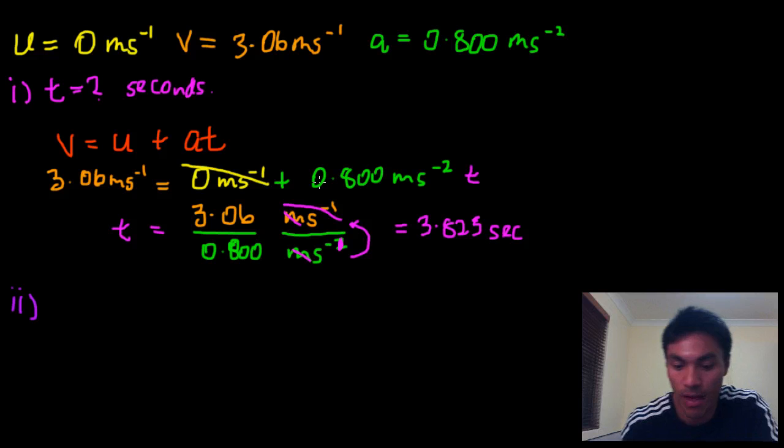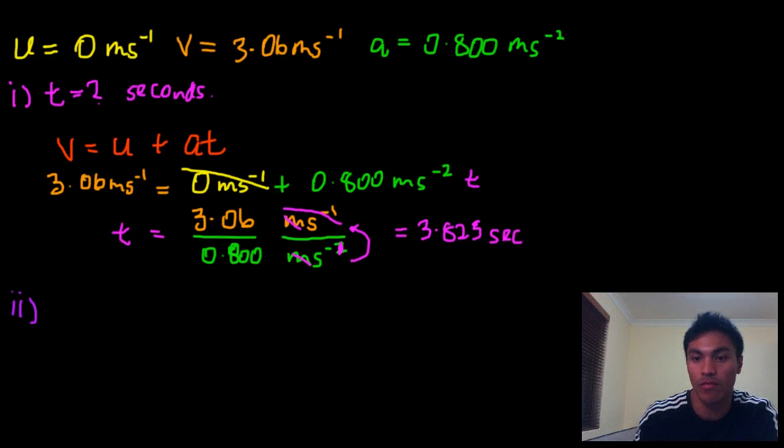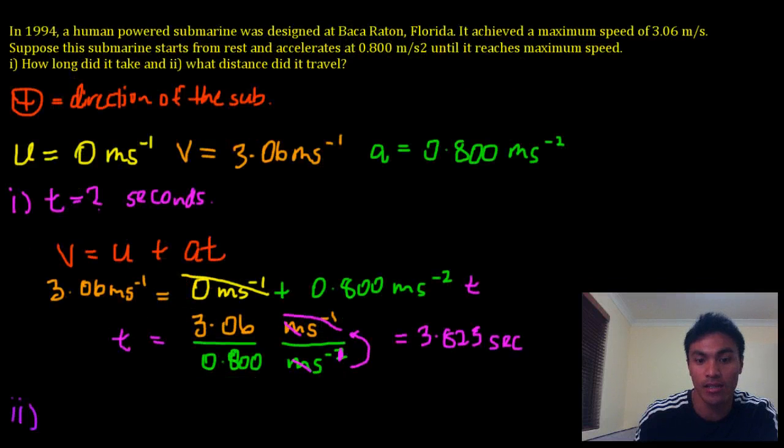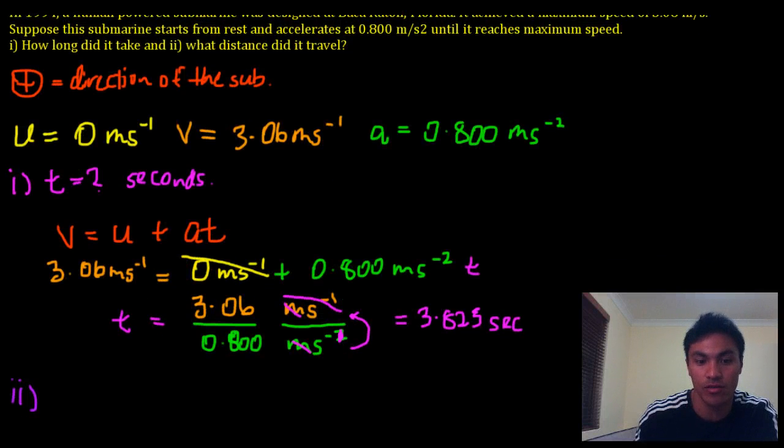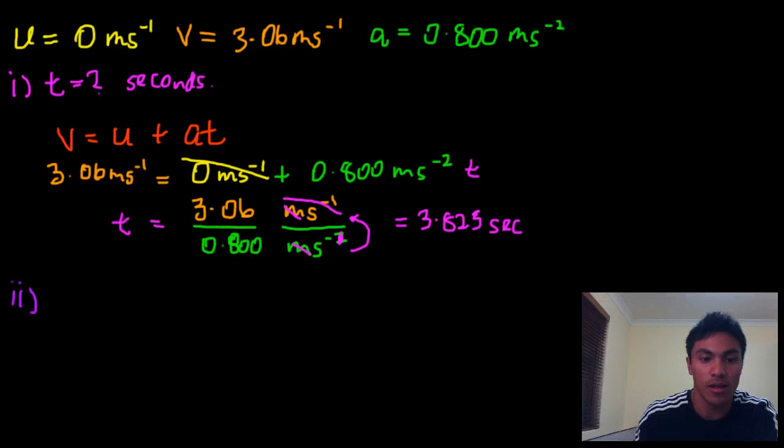At this point, what are we asked for? We want to find out how far it actually went. What's the distance that it traveled? We want to figure out displacement, and it's going to be in meters, so let's put it in blue.